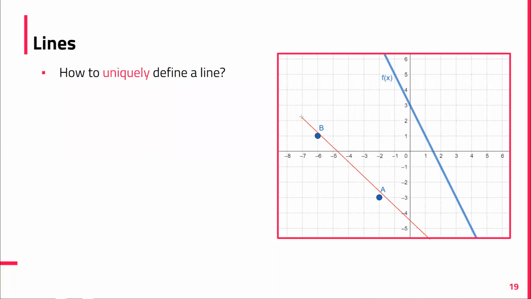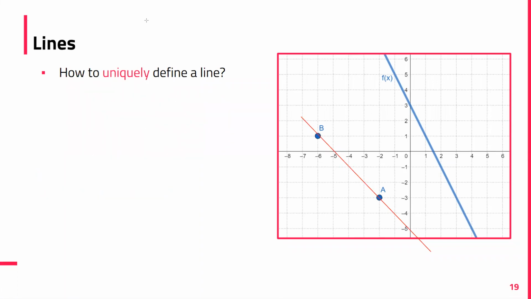If I have point A and B, I could do this, and that's a unique line. There's only one way to draw a straight line between A and B. So if I have 2 points, that is one way to identify a line. There's one other way. If you think of the equation of a line, what are the 2 pieces of information that are actually in that?